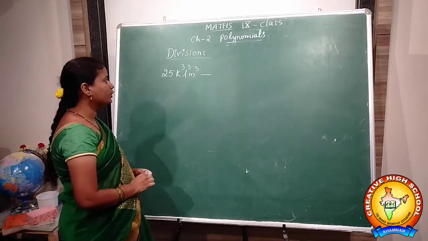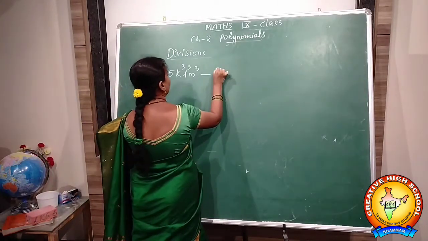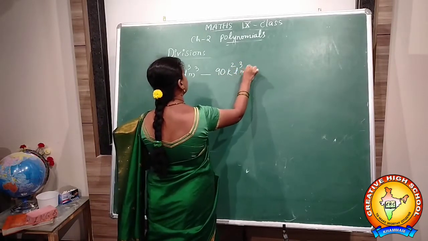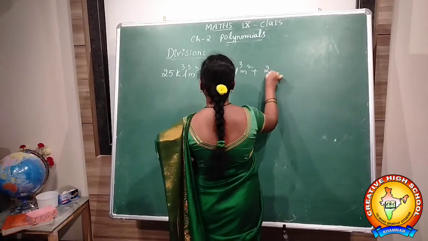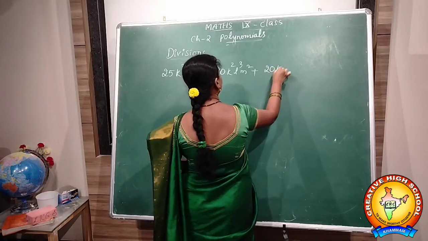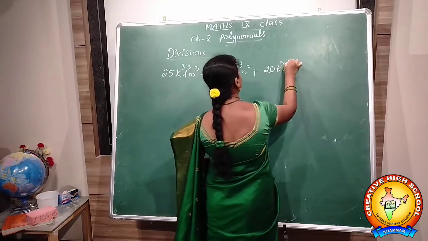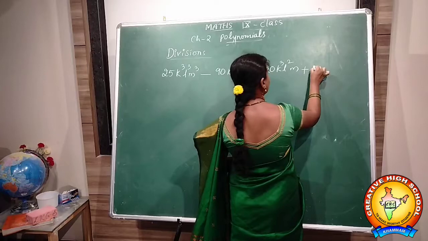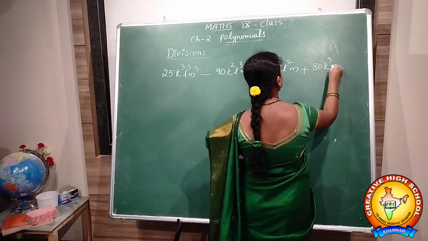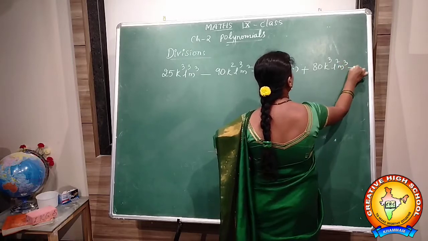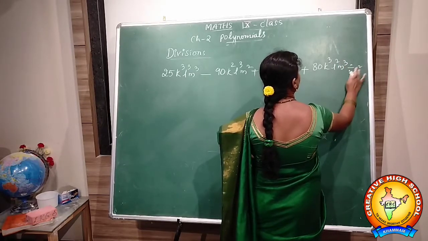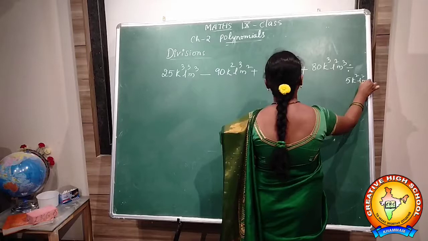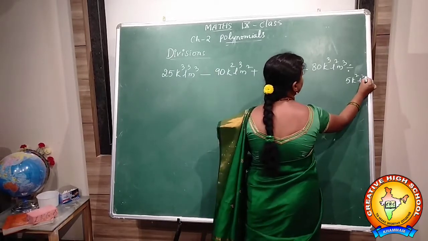K cube L cube M cube minus 90 K square L cube M square plus 20 K cube L square M plus 80 K cube L square M cube, divided by 5 K square L square M square.